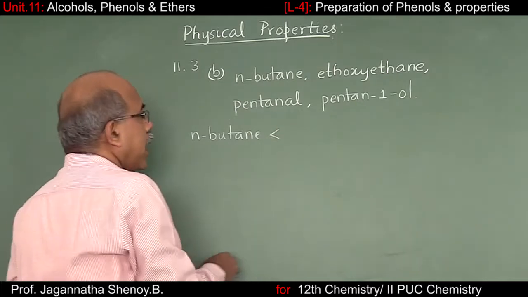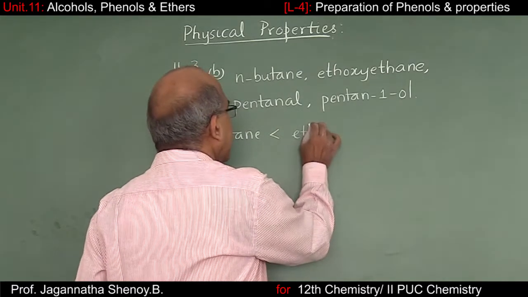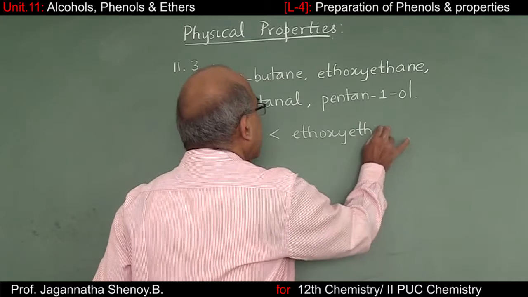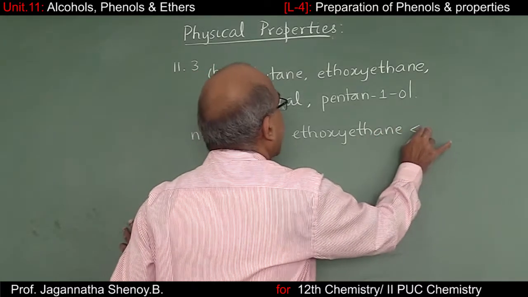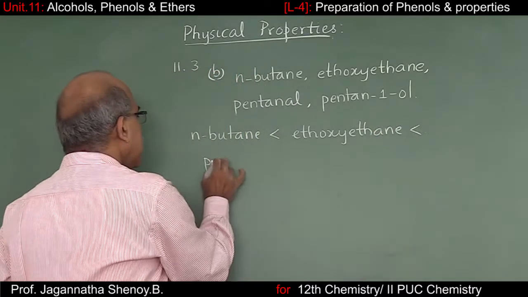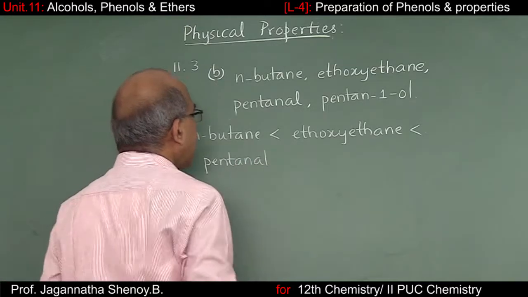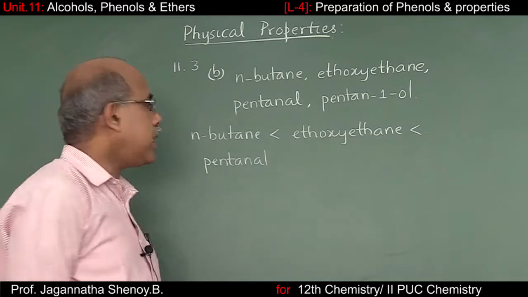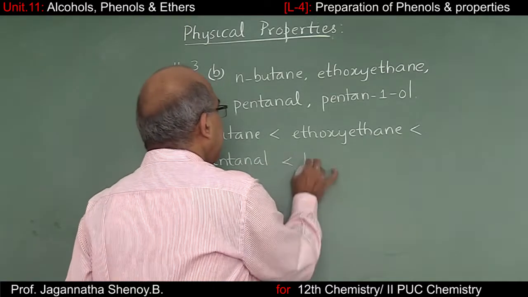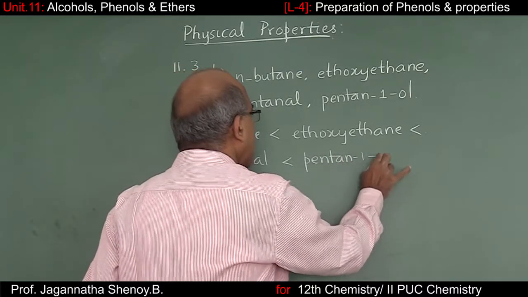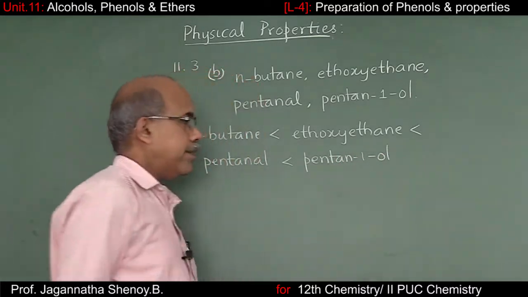After that, ethoxyethane, slightly polar. Then we come to pentanal, which is slightly more strongly polar compared to ethoxyethane, and then pentane 1-ol because of intermolecular hydrogen bonding.